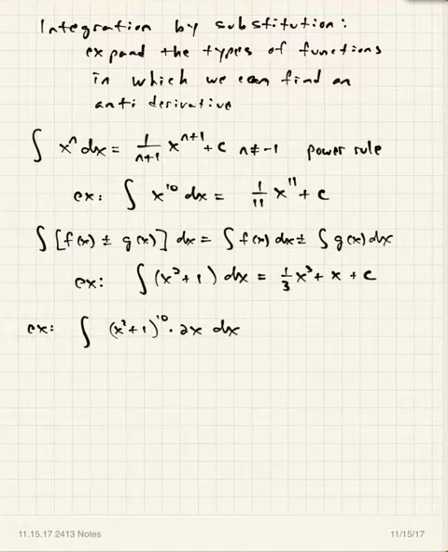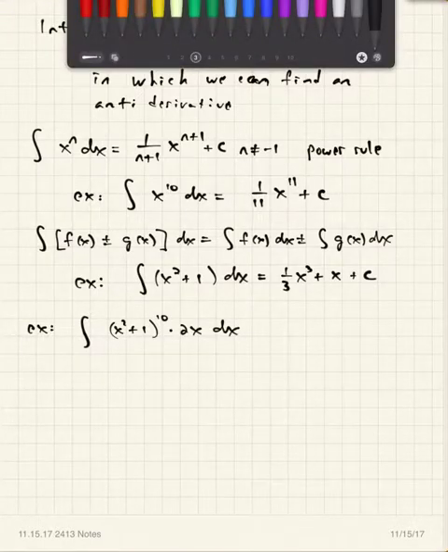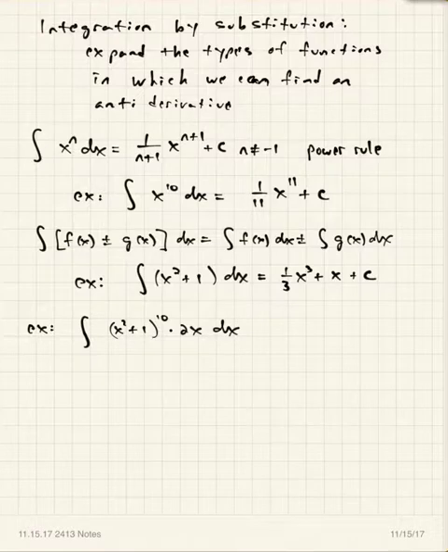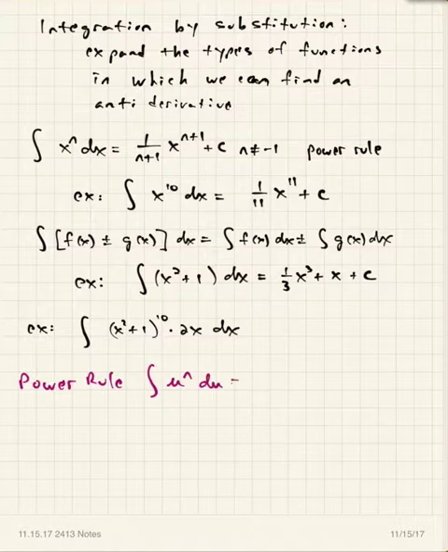Well, first thing I want to do is restate the power rule. I'm going to rewrite the power rule like this. The power rule is this form: the integral of u to the n du equals 1 over n plus 1 times u to the n plus 1 plus c.